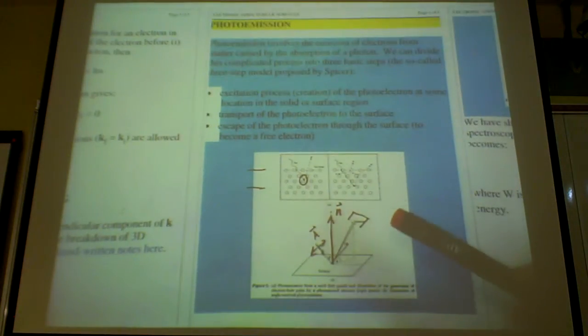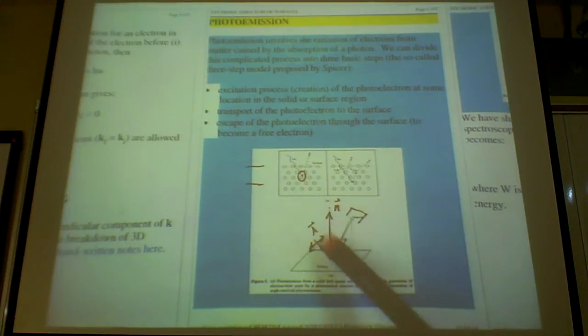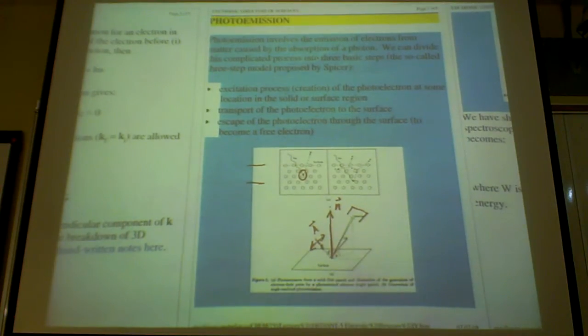I have angular effects in here because of my photon coming in. I have a polarization vector of the photon, which is usually called the A vector. The A vector corresponds to the electric field vector, right? The magnetic field vector is often known as the B vector, which is orthogonal to the A vector. Okay.